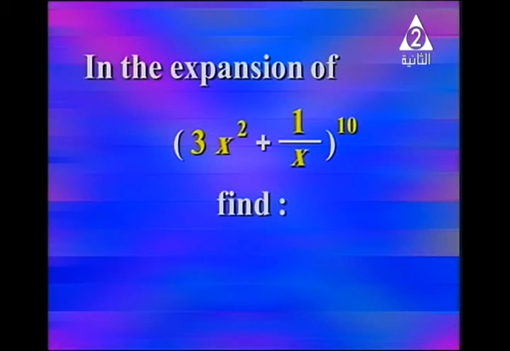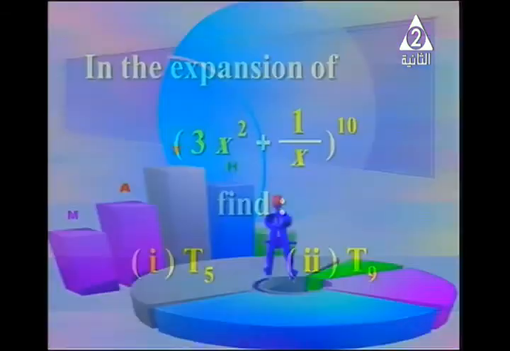Then, in the expansion of (3x squared plus 1 over x) to the power 10, find T5 and T9. Solution. T5 means 10C4, second term to the power 4, first term to the power of the difference 10 minus 4.